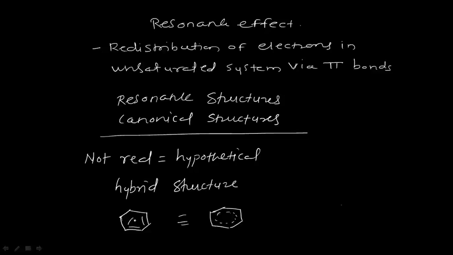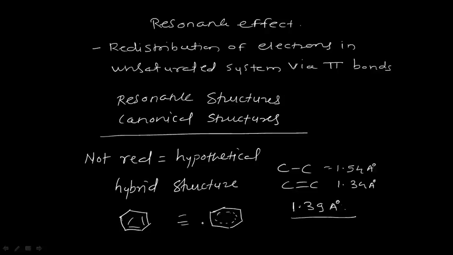As per that, we are supposed to say that the carbon-carbon single bond length and carbon-carbon double bond length should be 1.54 angstrom and 1.34 angstrom, but actually it is observed at 1.39 angstrom. It is on the basis of X-ray crystallographic study. It was observed that the bond length is 1.39 angstrom, and it is written like this as a hybrid structure, which explains the properties of that particular molecule.